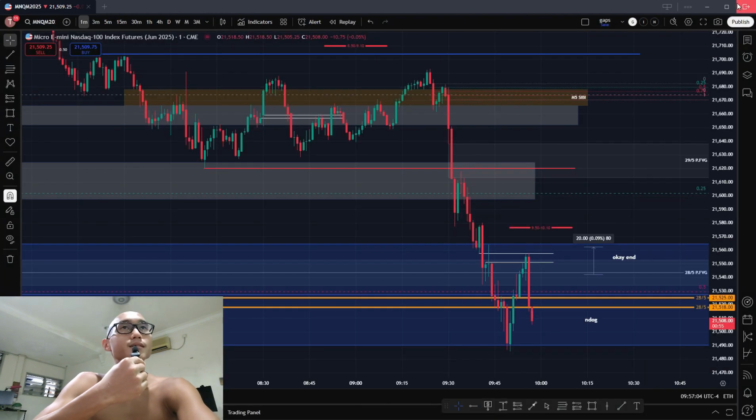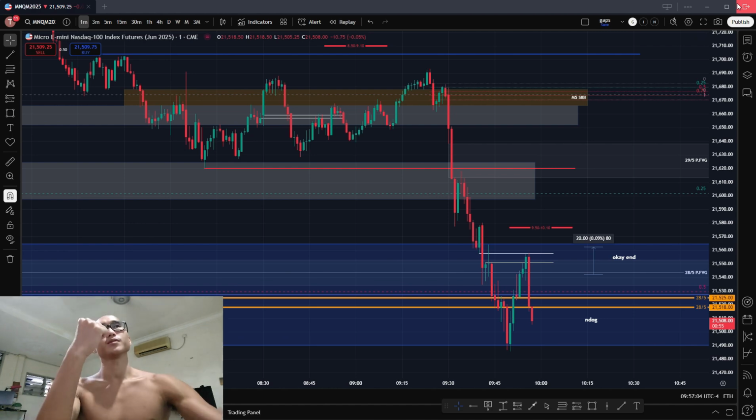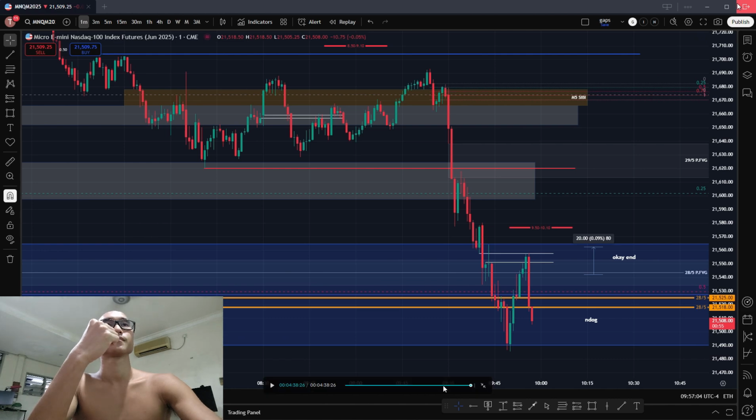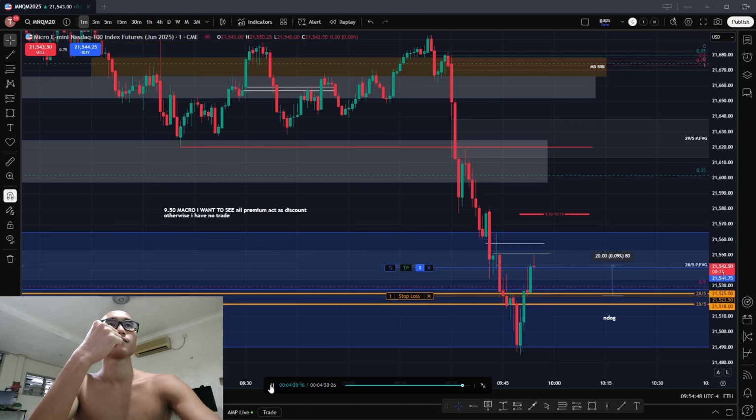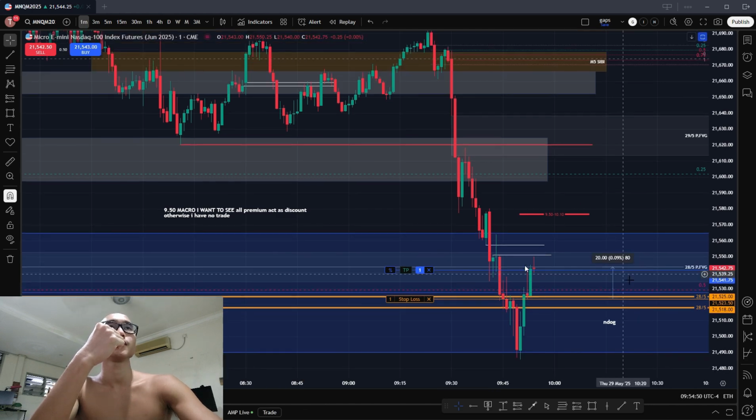And you can see that actually, we did have 20 points or something, but I did not even care about it because all I'm seeing was just, okay, my entry was here, immediate rebalance. Also we have this emergent fair value gap, so actually my stop loss can be a bit higher, maybe here, but it does not matter. Okay, it's all within my risk.